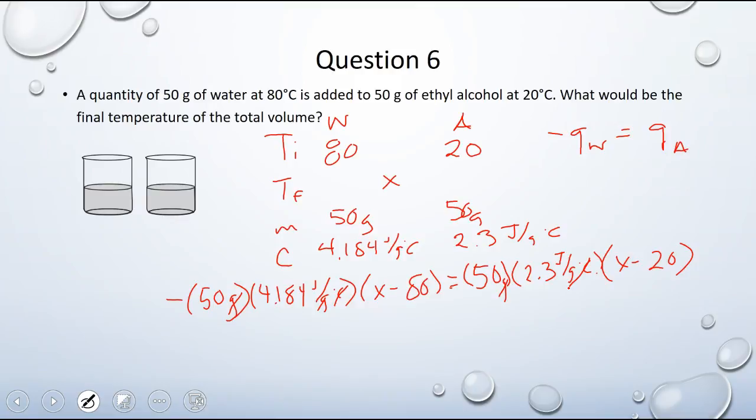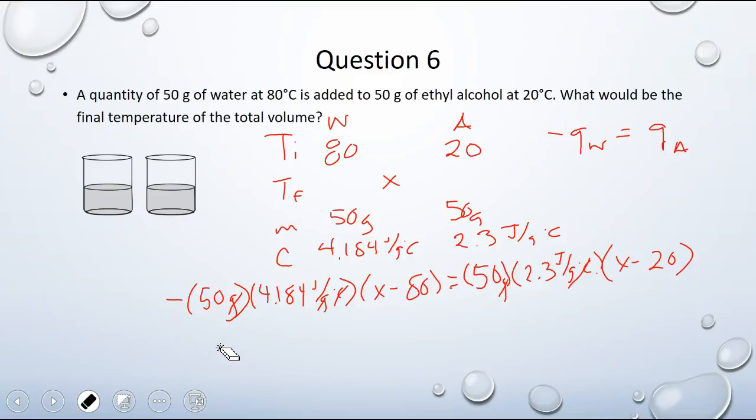So we get negative 1.819 times x minus 80, and that's going to equal, let's see here. Oh, hang on, that's not right. I did something wrong, so let me calculate.